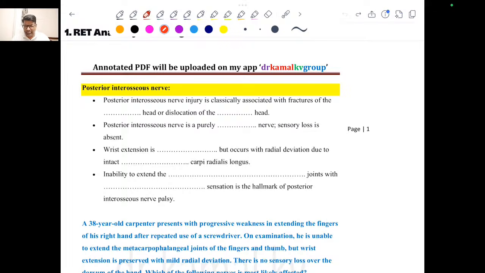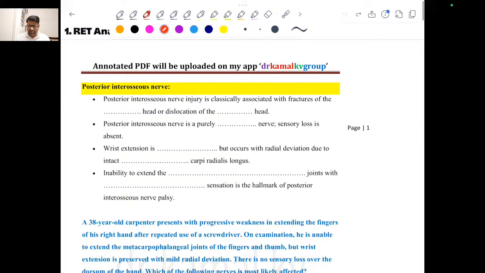So now what I am trying to do is, in the upcoming sessions, compile topics from the recently concluded INI-CET and the FMG June 2026, in the hope that the students are good with the recently asked topics.